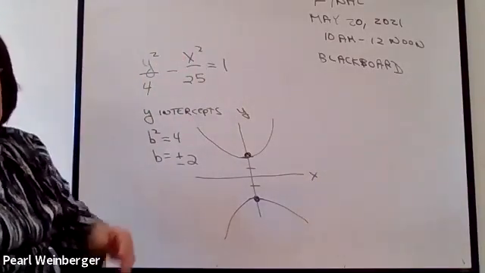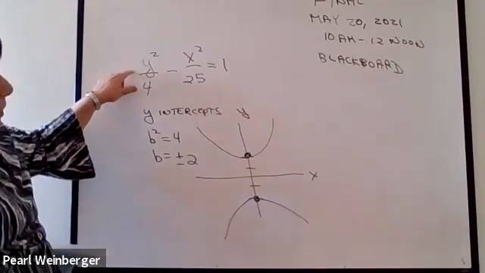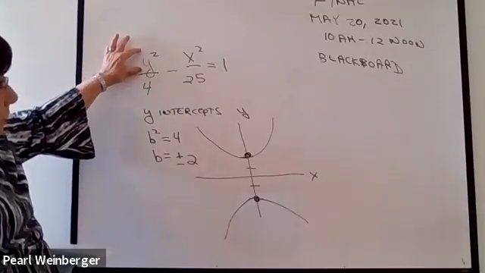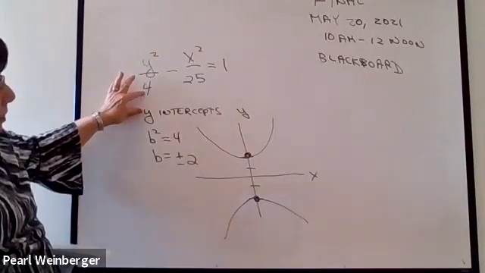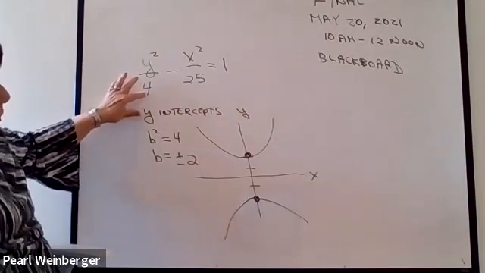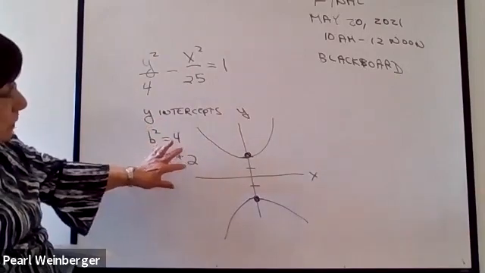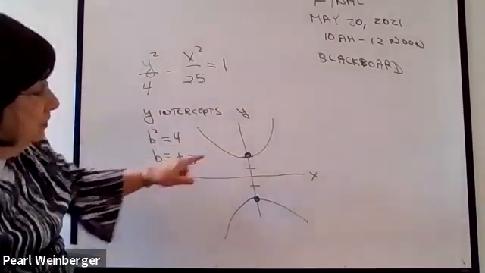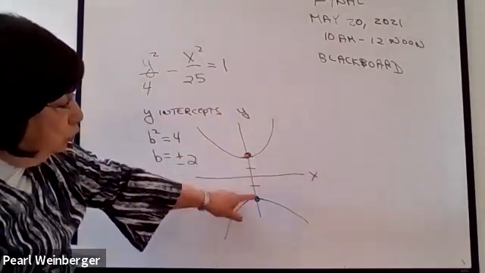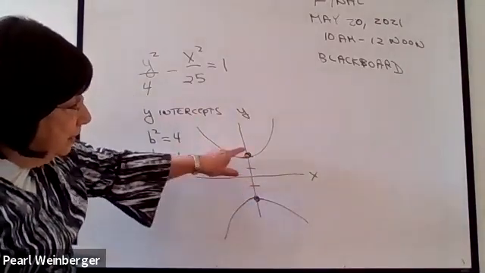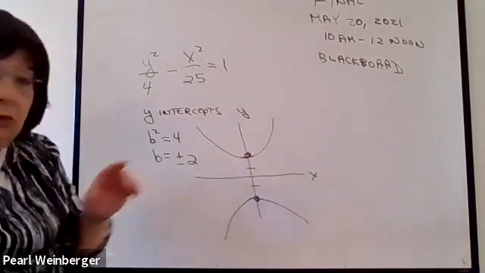Look for the one that doesn't have a minus in front of it. In this case, it's the y squared. So you take the number under the y squared, which is the b squared. B squared is 4. That means the b has to be plus or minus 2. And it means that your two y-intercepts are positive 2 and negative 2.